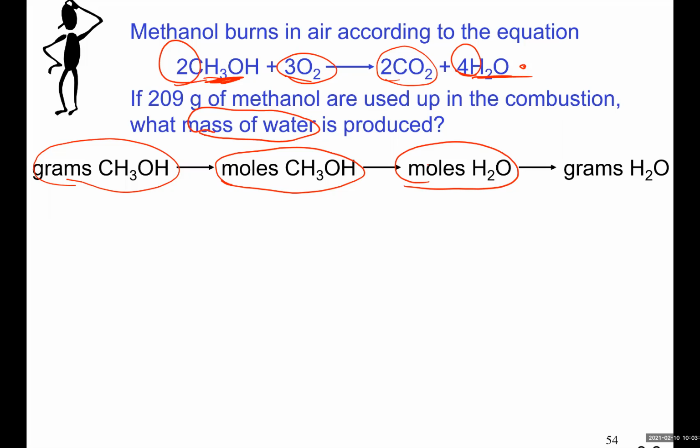We do the same thing in chemistry. You plan step by step. What you're starting with, write in here. What the problem is asking, that's where you have to end up. How do you get from a starting point to the end point? Stepwise, write a plan. Don't forget to use moles.